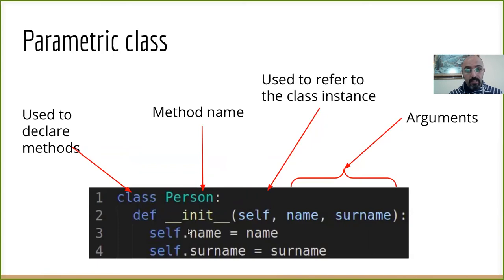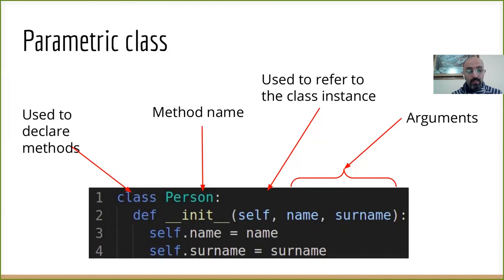In this specific case, __init__ is not just a method, it is the constructor. It is a specific method used to create an instance of the class we are referring to, basically the class person.